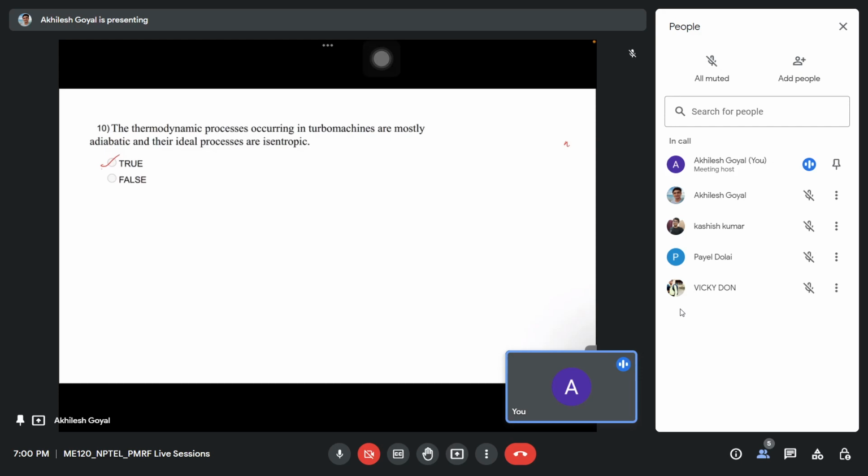Okay, so let me show you something. You are asking about turbofan. There are different types of engines: turbofan, turboprop, ramjet.